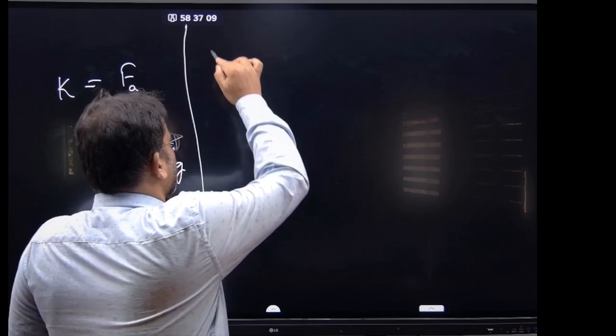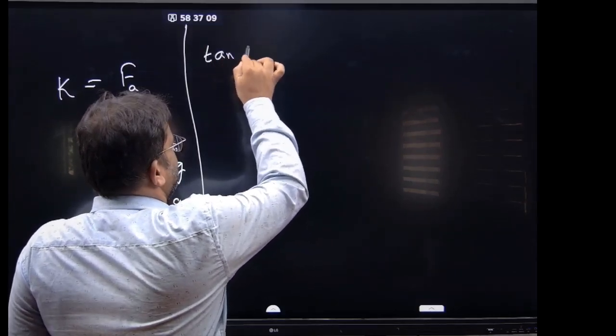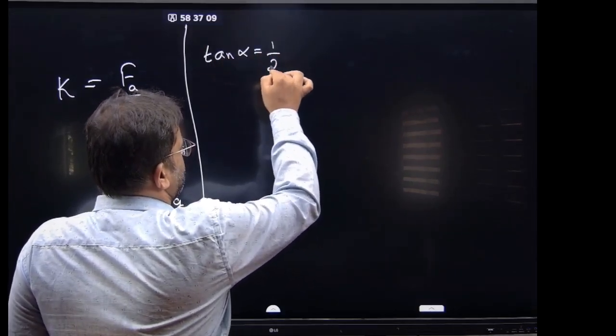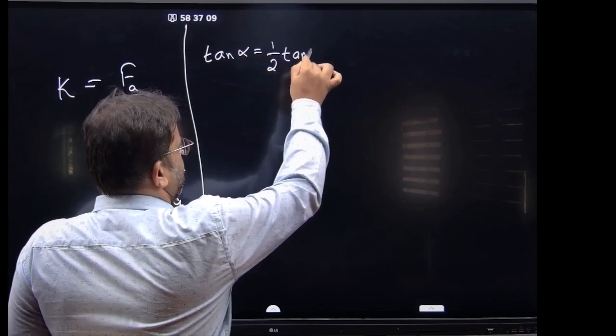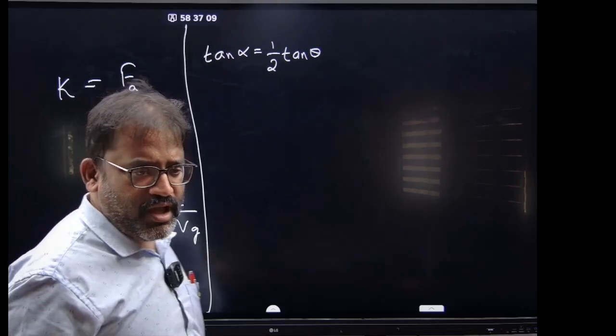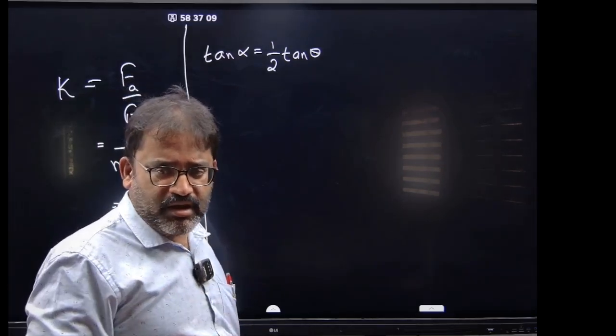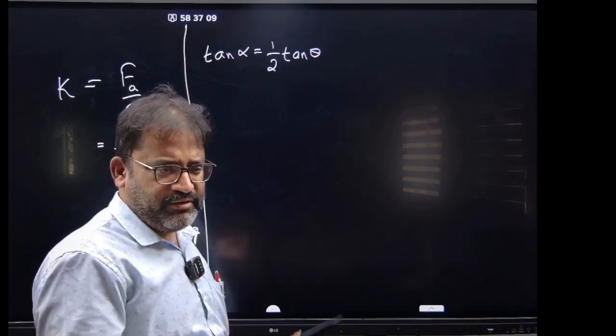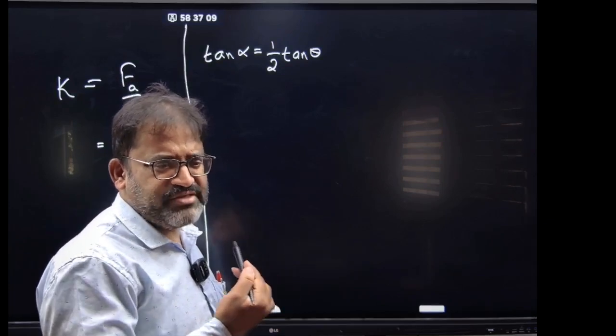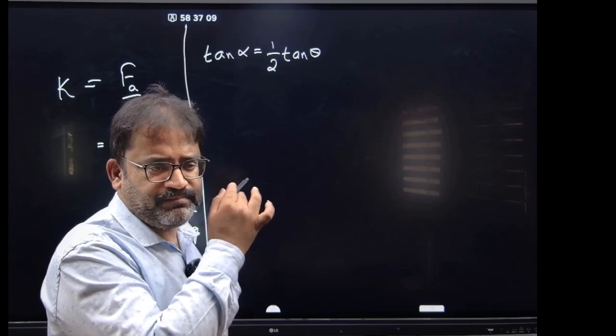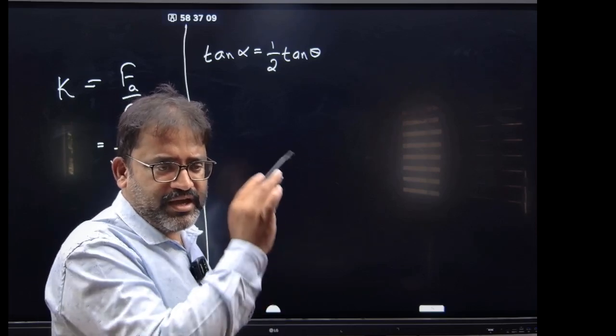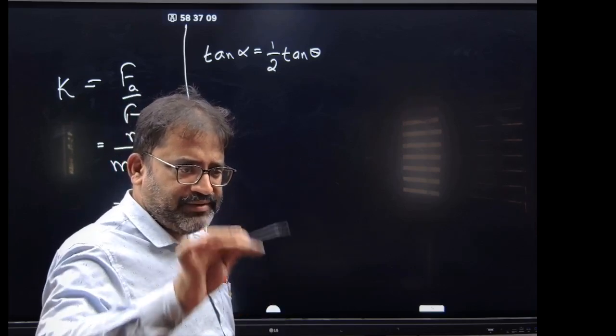Now in terms of polar coordinates, tan alpha is equal to half tan theta. Of course this can be derived, but it takes unnecessary time, so we are going to take it for granted that this is the relation for our dipole.